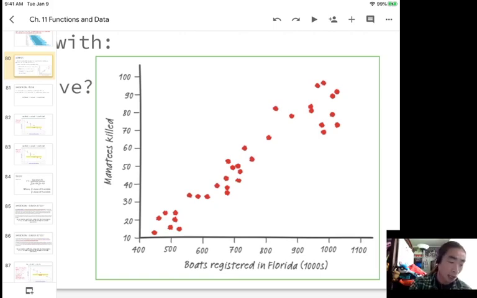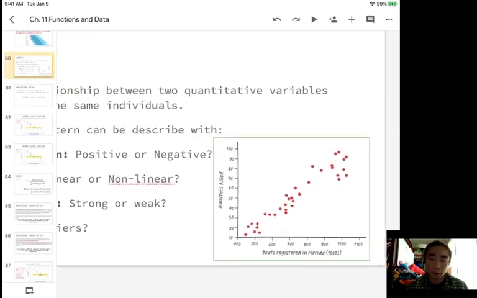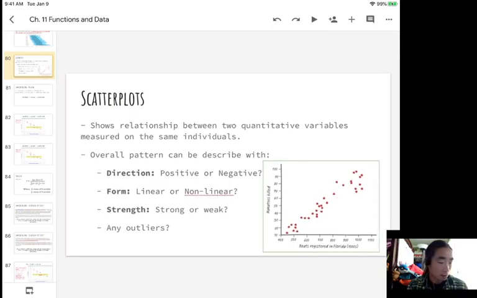From any scatter plot, we describe their direction, form, and strength. So in this case, what's its direction? Is it positive or negative? Good. It's positive because it points upwards towards the positive numbers. Okay. Is it linear or nonlinear?